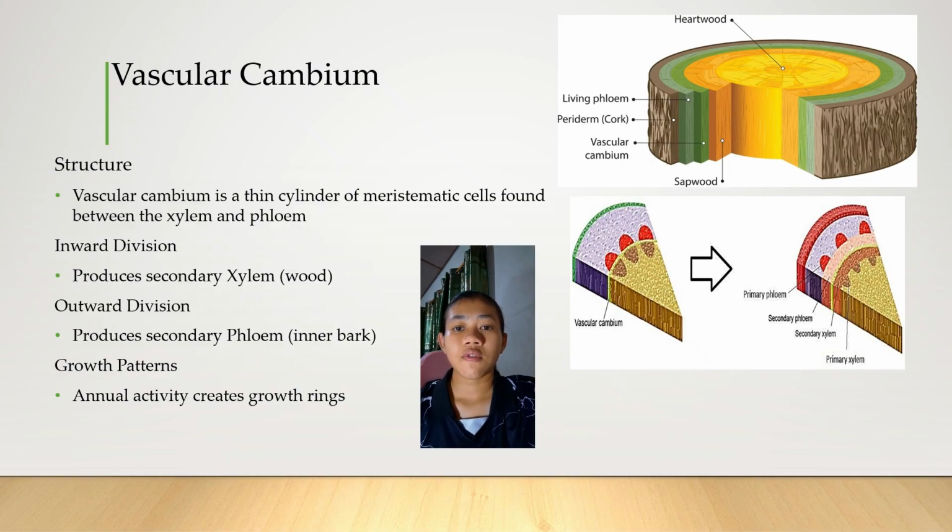The function of vascular cambium is to produce secondary xylem toward the inside and secondary phloem toward the outside. Secondary xylem forms wood while secondary phloem forms inner bark. This activity produces annual growth rings in trees.